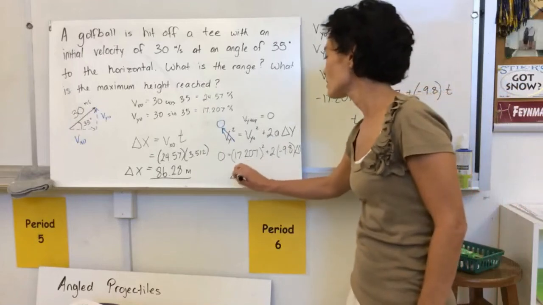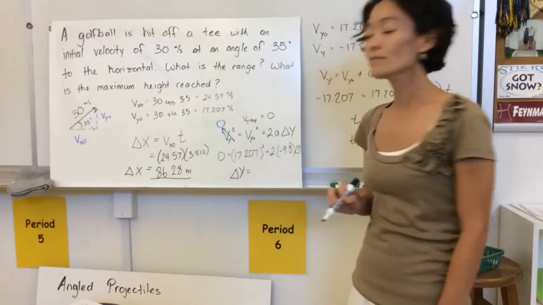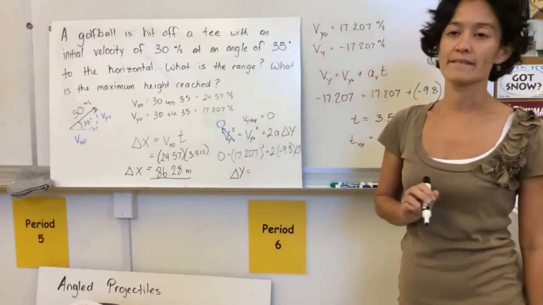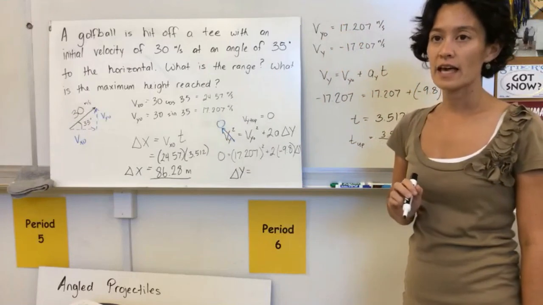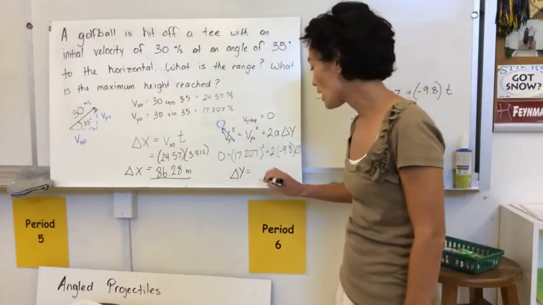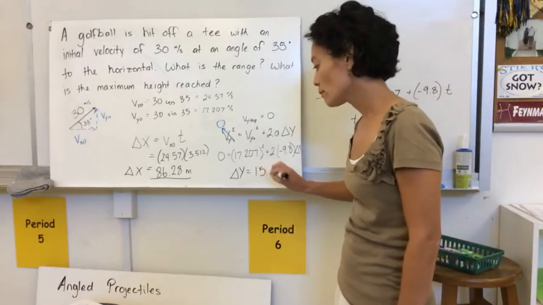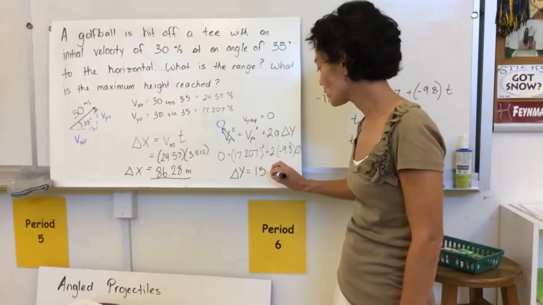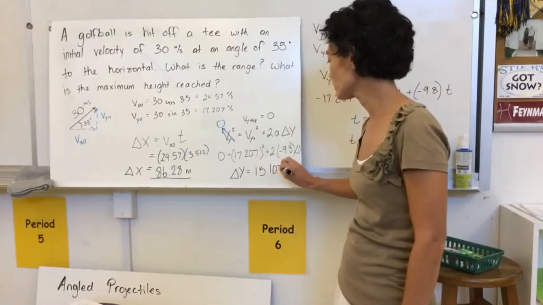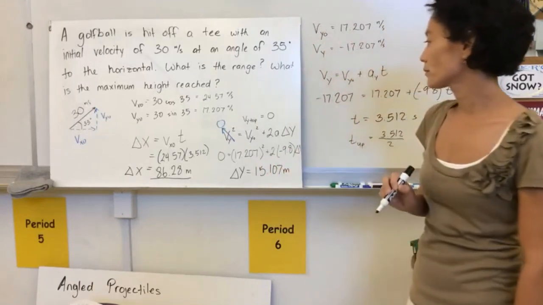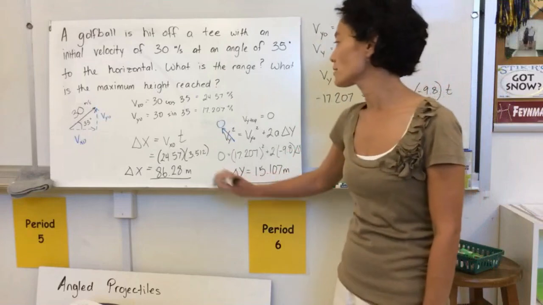So go ahead and solve for delta y. Let's see what you get. And you should have gotten a delta y of 15.107. And we will definitely do more examples of this in class.